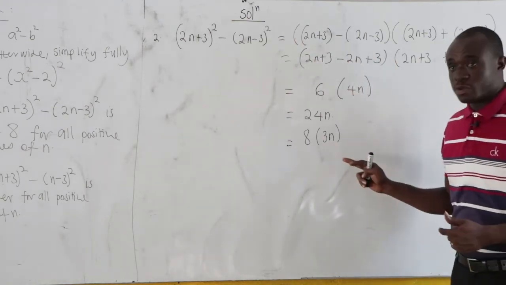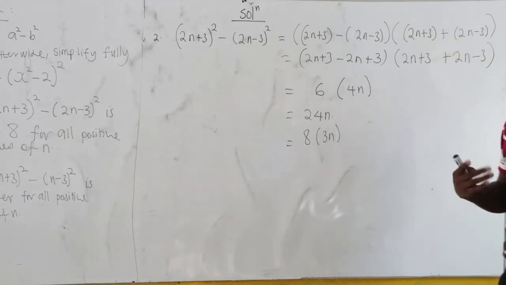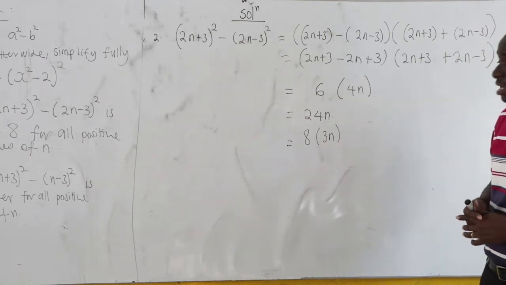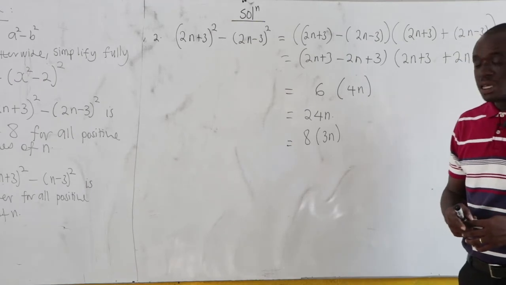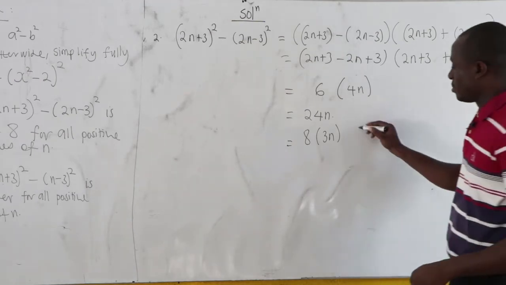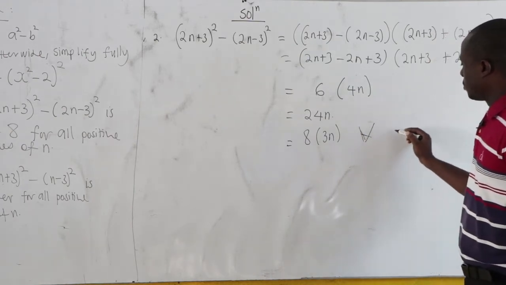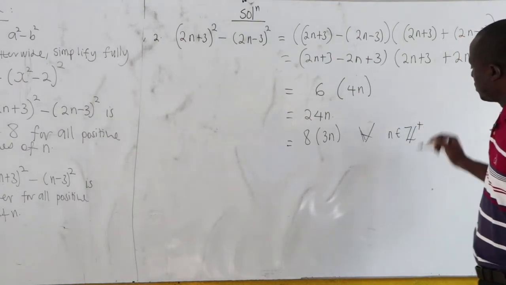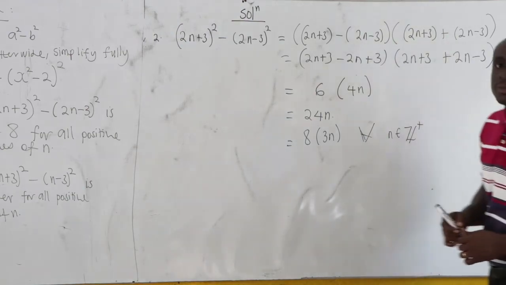When n is 1, 3 times 8 does that. When n is 2, 6 times 8 is still a multiple of 8. So we have been able to show that this is a multiple of 8 for all positive n, that is, for all n a member of Z plus. So this is a multiple of 8.